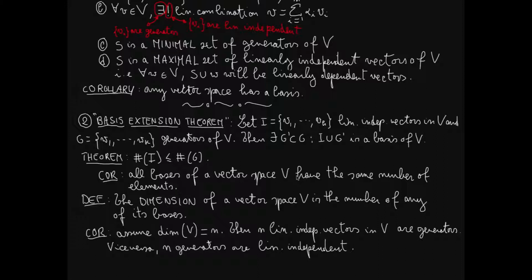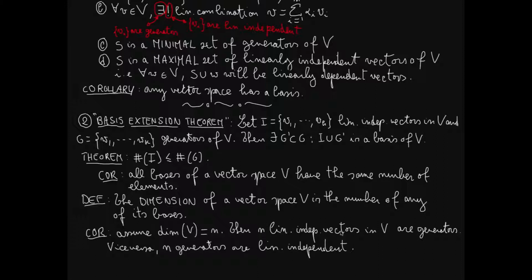The corollary that states that all the bases of a vector space have the same number of elements, and here we are supposing that the dimension of V is n. Therefore, the number of elements of a basis of V must be n.